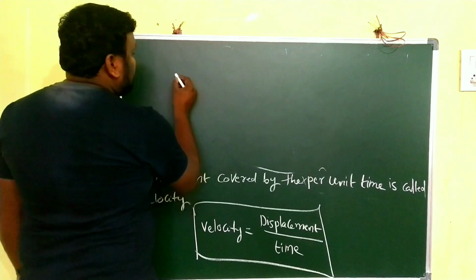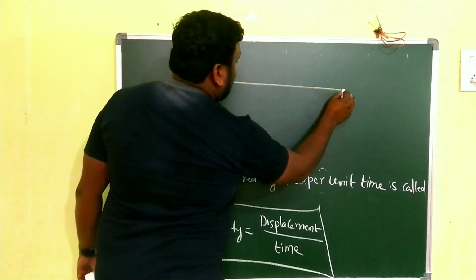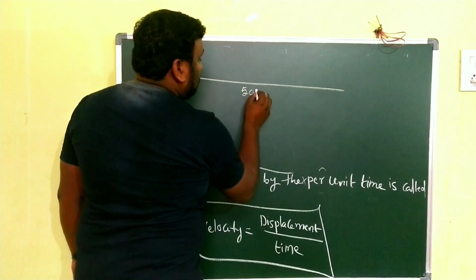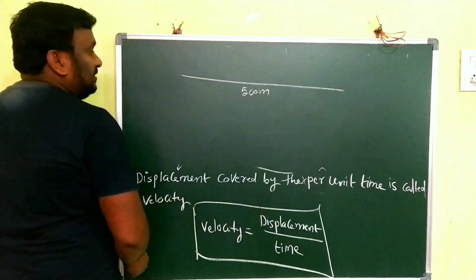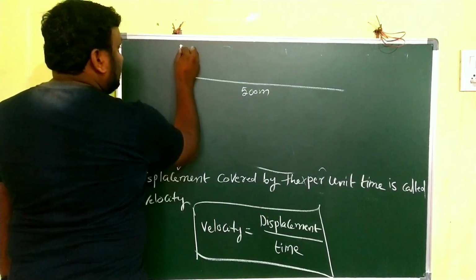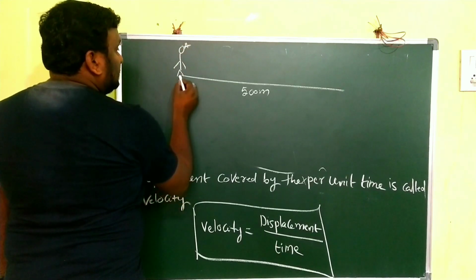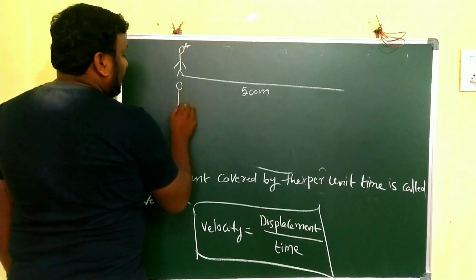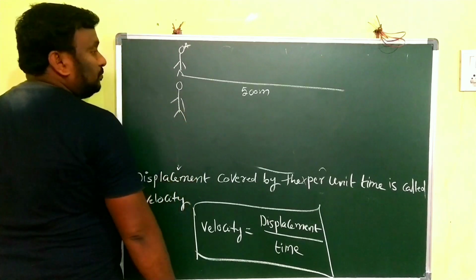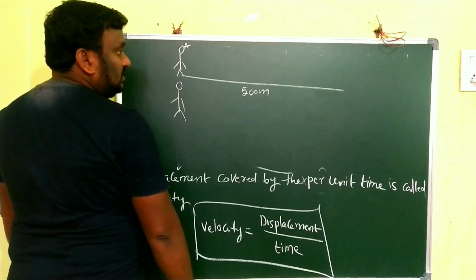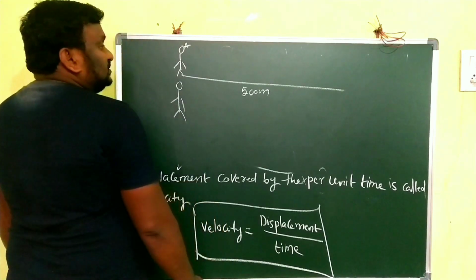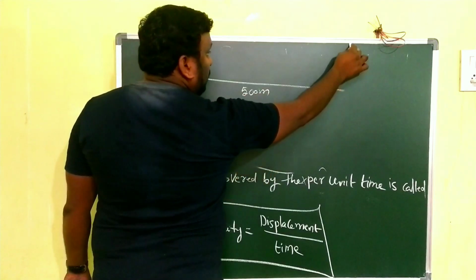For example children, here we are taking a 500 meters distance. Boy A is there and just beside him another boy is there. So we are conducting one running race.